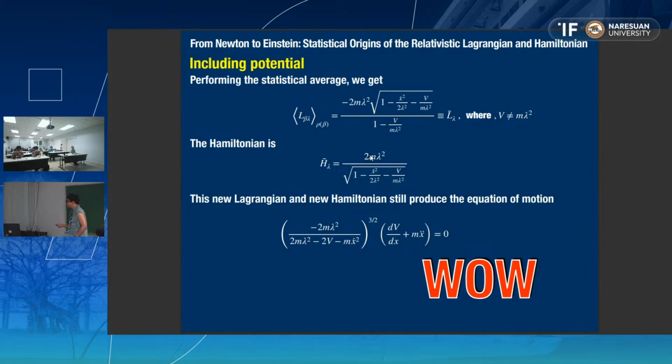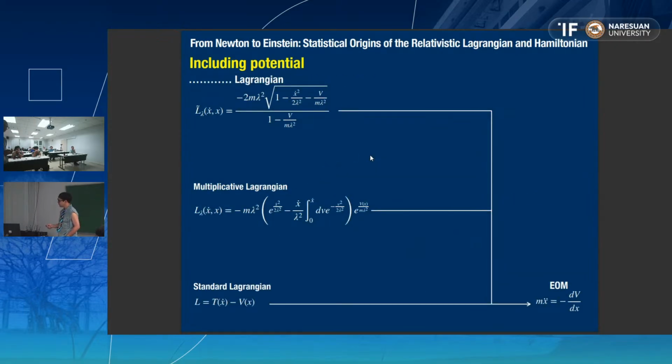Okay, let's capture what we have so far. We start with the standard one, and you get this equation of motion. Then I mentioned that we can construct the multiplicative Lagrangian, and this is going to produce not exactly the same, but this equation of motion with the factor in it. According to the process where we do the average, you get a new form of Lagrangian.